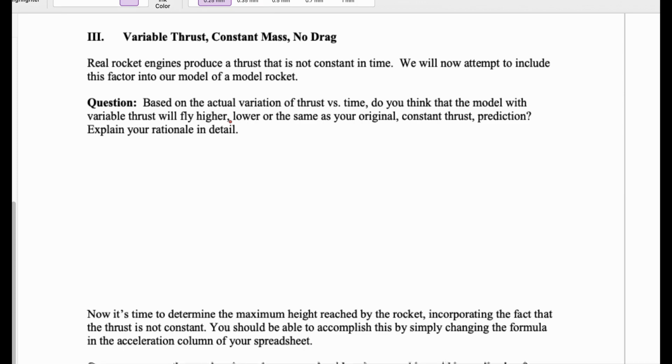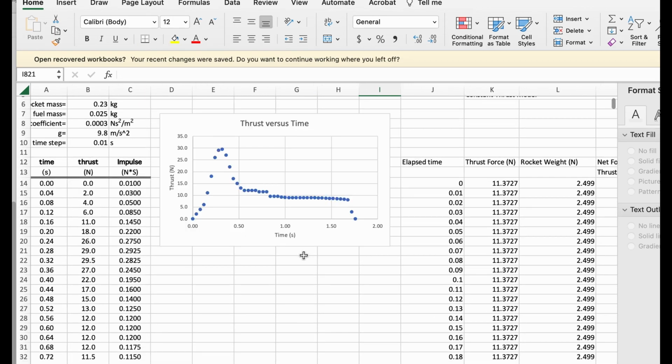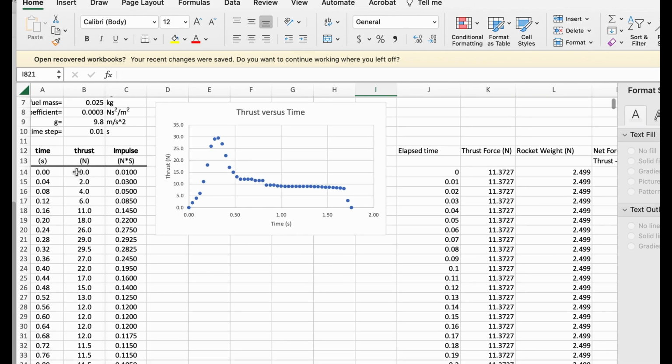Now, what if we let the thrust now be variable? What would that require? We're going to still let the mass be constant, but now instead of letting that thrust always be the 11.37, let's let it vary. What I'm going to do is I'm going to switch back to the 0.04 because we only really have thrust for those time steps.